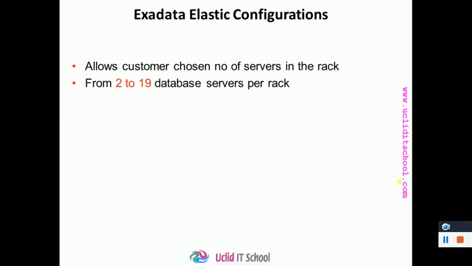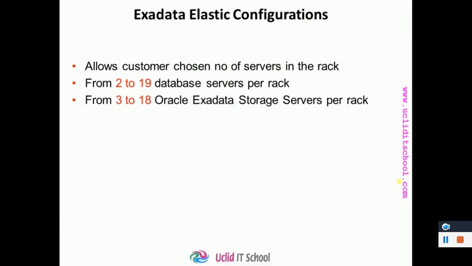What are those rules? You can have 2 to 19 database servers per rack and 3 to 18 storage servers per rack. As long as you are within these boundaries, you can choose your own number of database servers and your own number of storage servers.